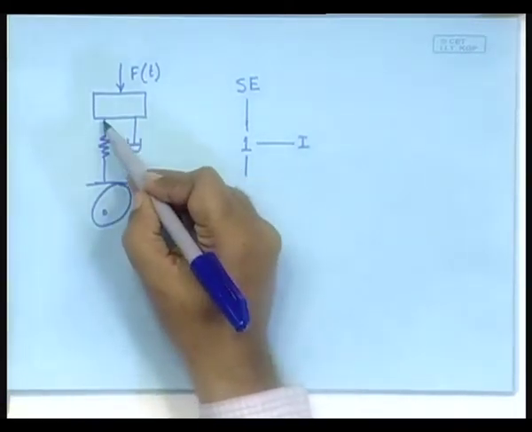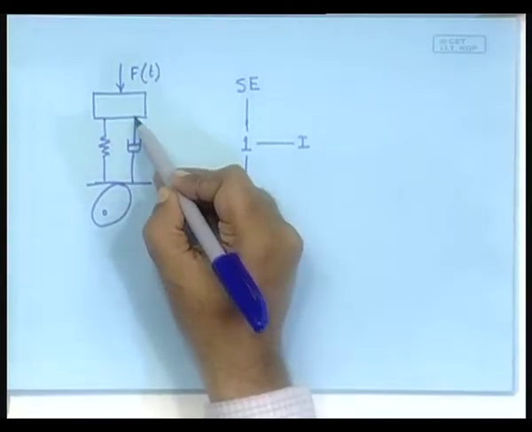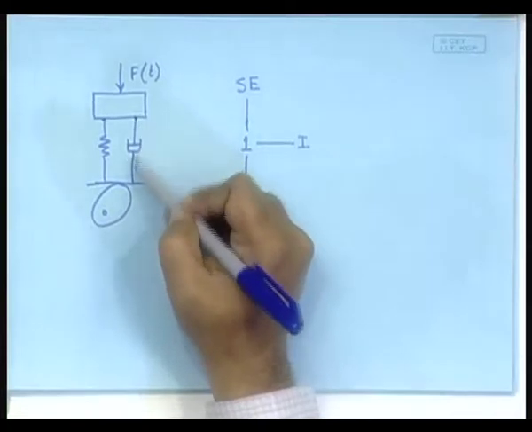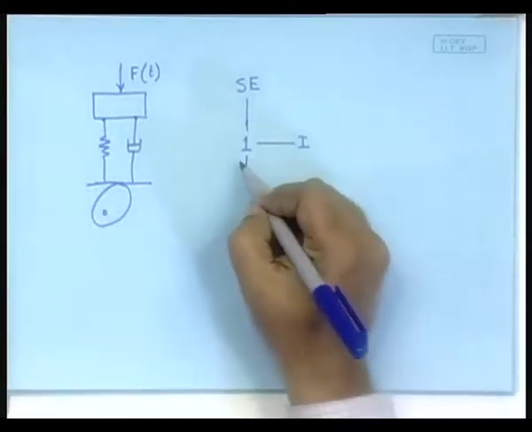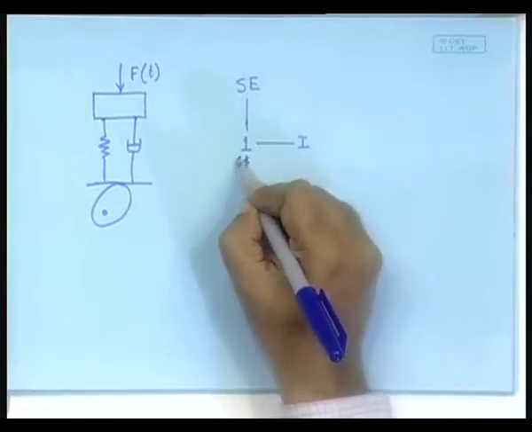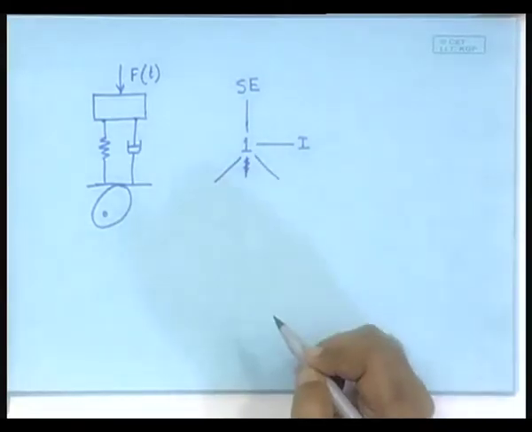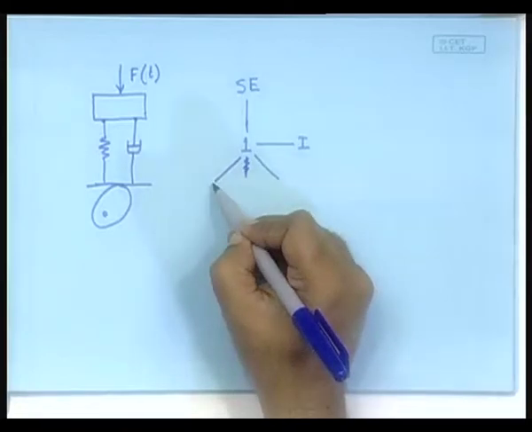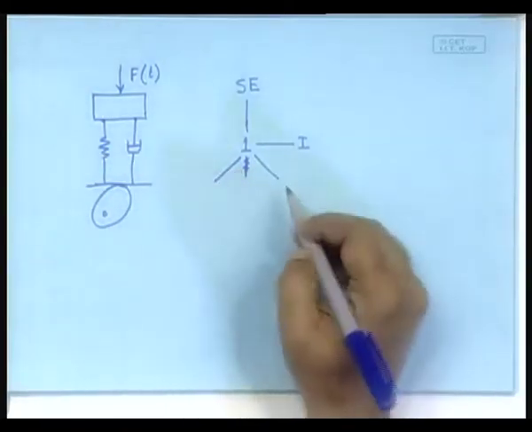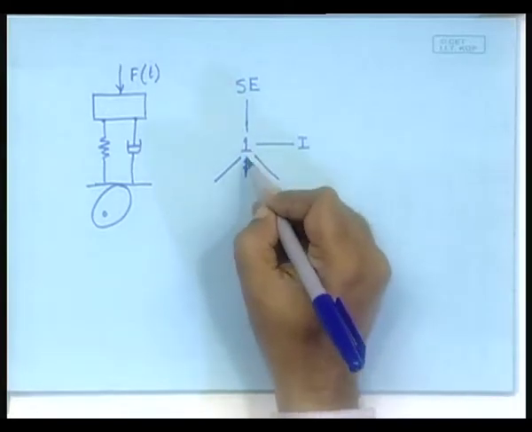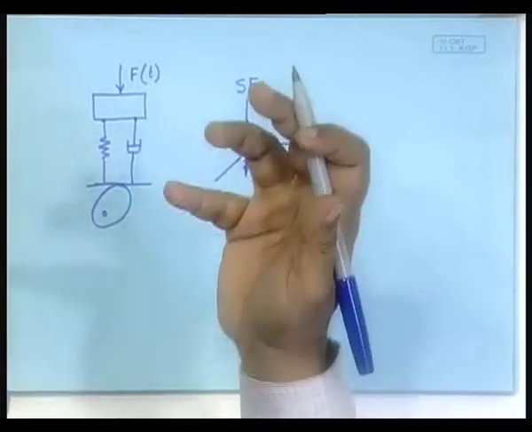I can see that this end and that end of the spring and the damper share the same flow. So, they are also connected. Here is the thing that is connected to the spring, here is the thing that is connected to the damper, but both of these bonds share the same flow, because these two ends have to move together.